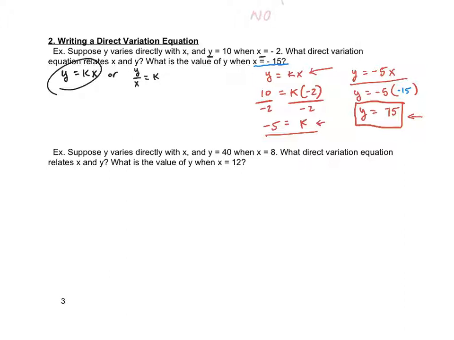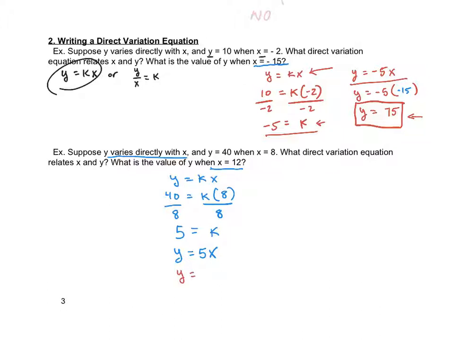And this next example, suppose y varies directly with x. Again, y varies directly with x, and y is equal to 40, and x is equal to 8. Go ahead and isolate your direct variation, or solve for your direct variation, and k is equal to 5, and the variation equation is going to be y equals 5x, and then it reads, what is the value of y when x is 12?